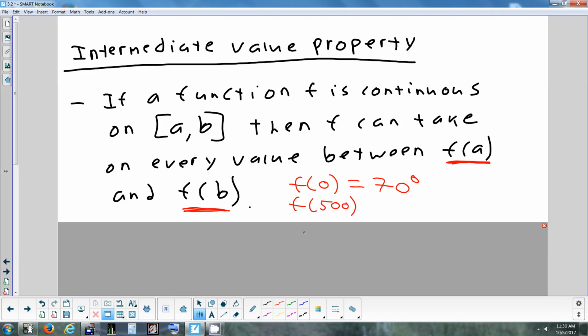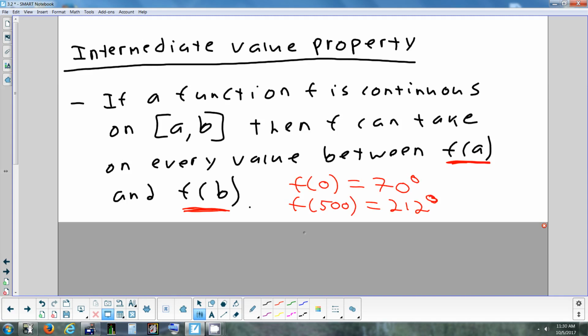So in this case, B is 500. And at that point, your water's boiling. So what this is saying is that if you pick any interval between 0 and 500, you will be able to get a number in between. Why 500? I just made up, maybe it takes 500 seconds for the water to get to boiling.